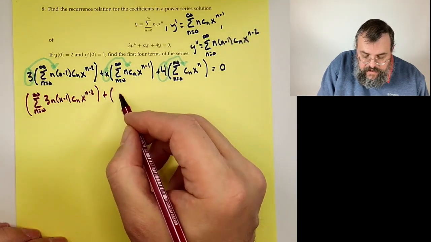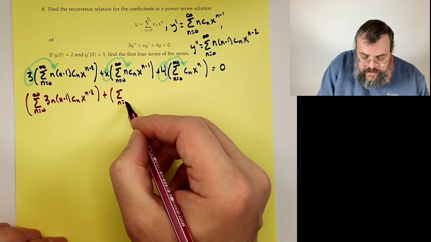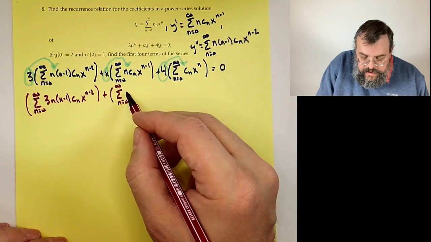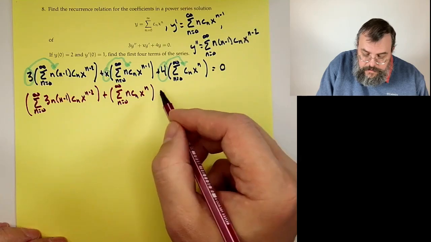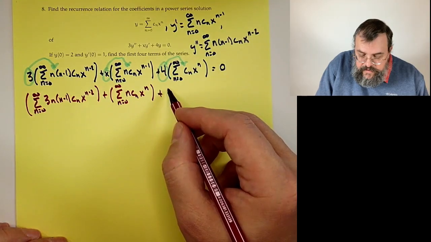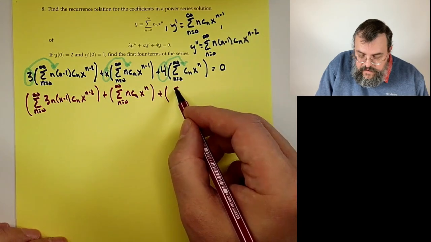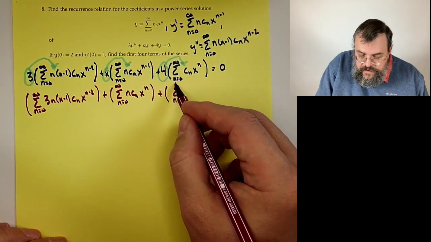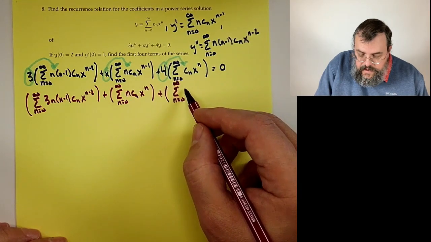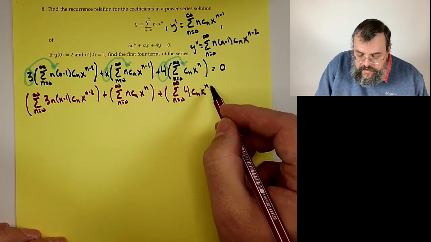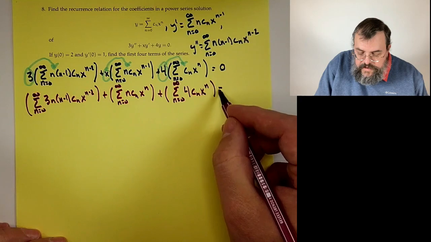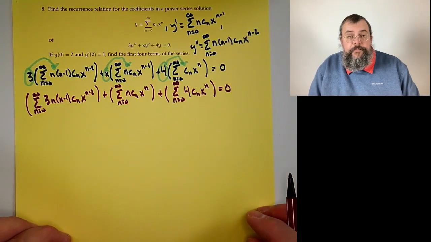The next case, because it's x, the only thing that will happen is it'll become n c sub n x to the n. Oh, that's kind of nice. And plus, in the last part, the sum n equals 0 to infinity of 4 c sub n x to the n. And of course, that all equals 0.